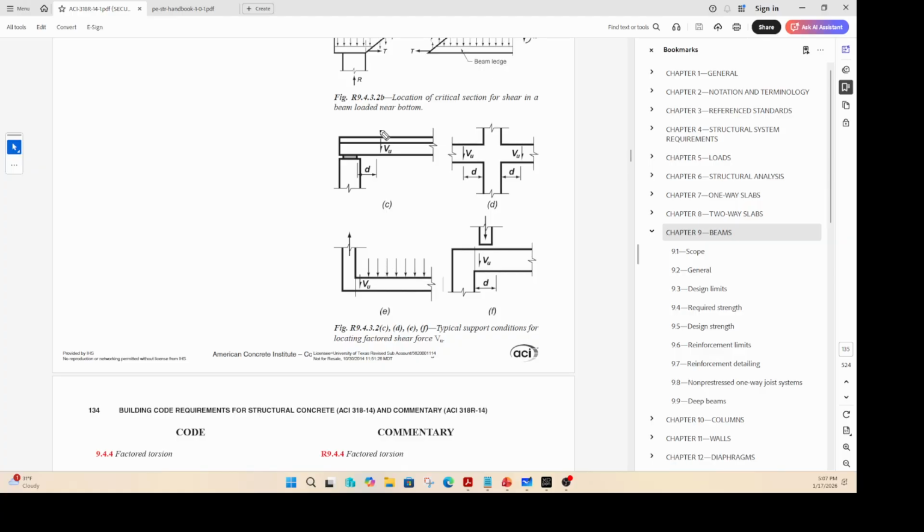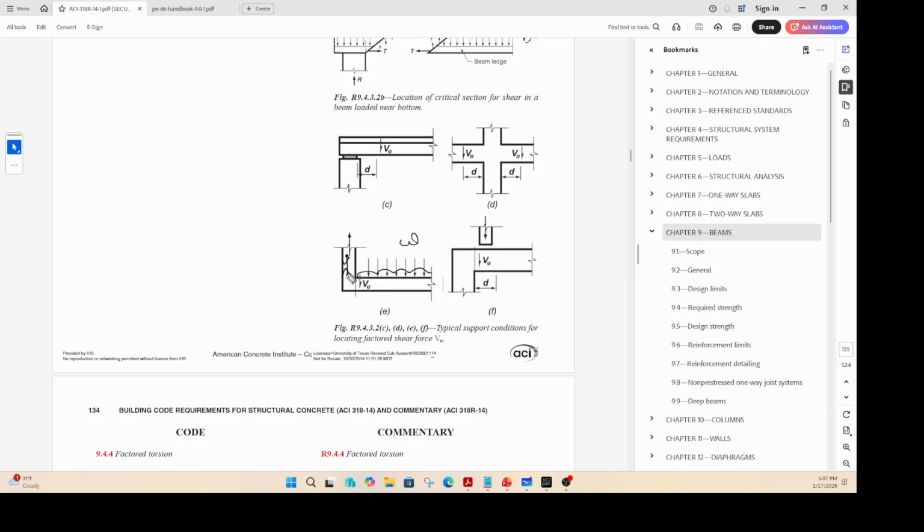So in this case, for example, when there was a load here, that load was producing compression in the section here, right? That is when the critical section will be at section D. But there are scenarios wherein, think about this beam here, there is a UDL acting on it, and that UDL is causing tension in the support here, correct?